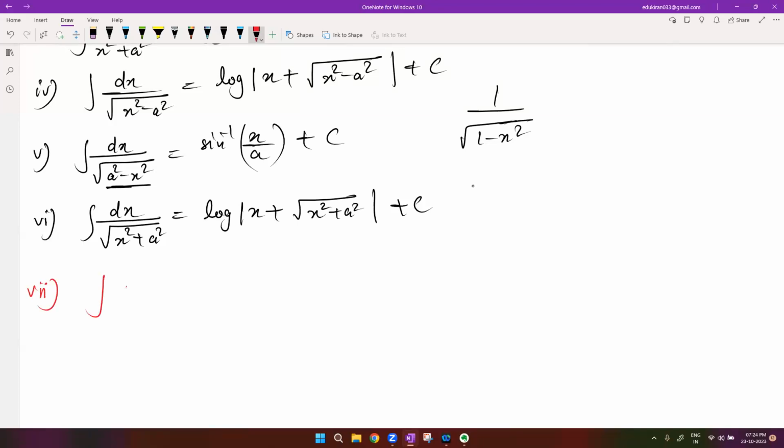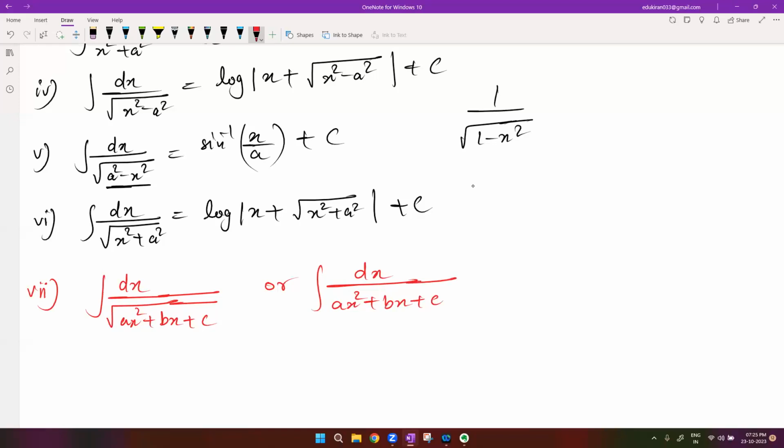Let's say if I have dx over root ax square plus bx plus c, then we can definitely solve this, right? And we can also solve this, because we can use the completing the square method, and we can convert them into a perfect square, right?